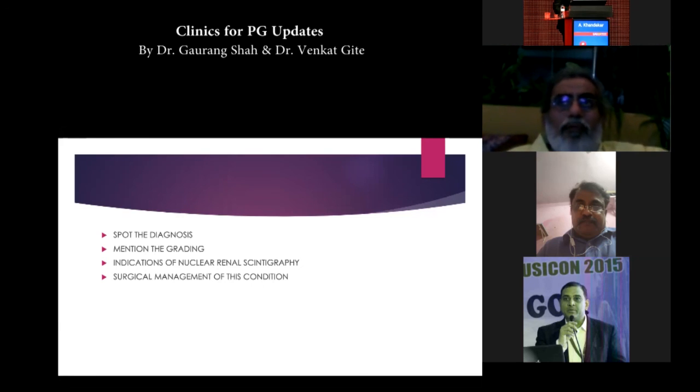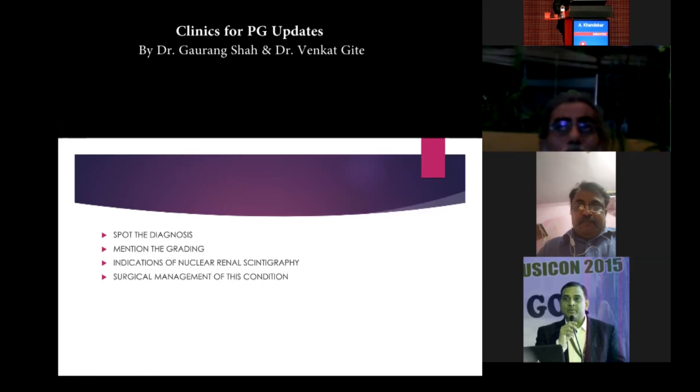Now, only one thing I want to say: even if you want to remove the kidney in all these conditions, there are papers which have shown that if you drain it for 2 or 3 days, the patient will improve a little, and then if you do nephrectomy, the mortality rate is less. So stenting or PCN also helps in decreasing mortality. Sir, in olden days it was near about 70% in primary nephrectomy.